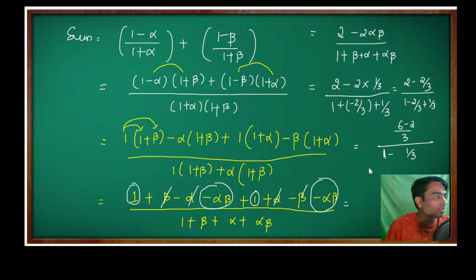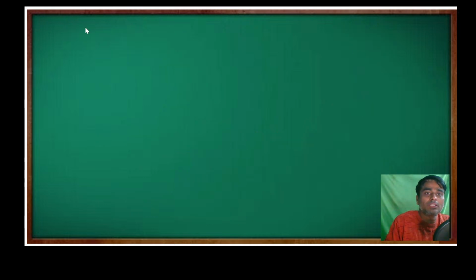Now again I will cross multiply. So I'll continue here: 6 minus 2 by 3 whole divided by 1 minus 1 by 3.